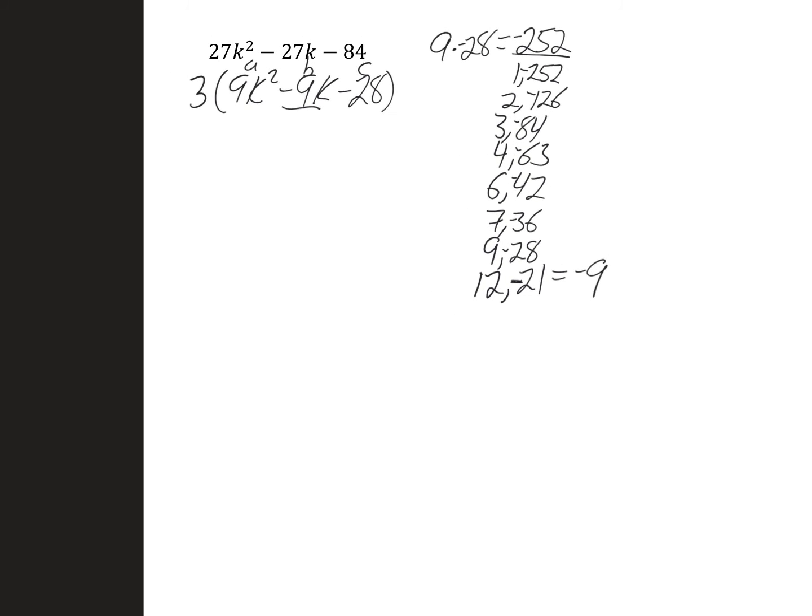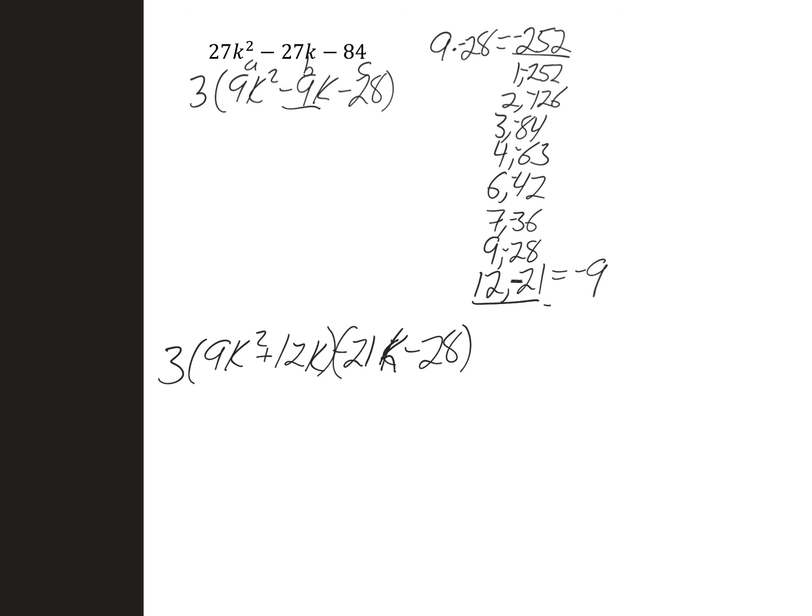So we are going to go ahead and put this 3 out in front. We still have that 9k squared. Now I'm just copying down what's happening here. So we have plus 12k minus 21k, minus 28. All right, now we're looking at the first half and the second half. So again, we have that 3 out in front.